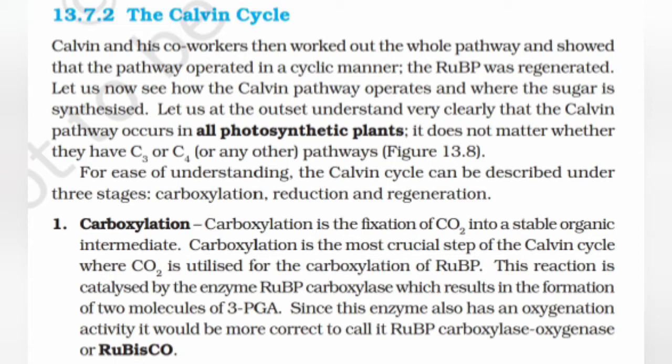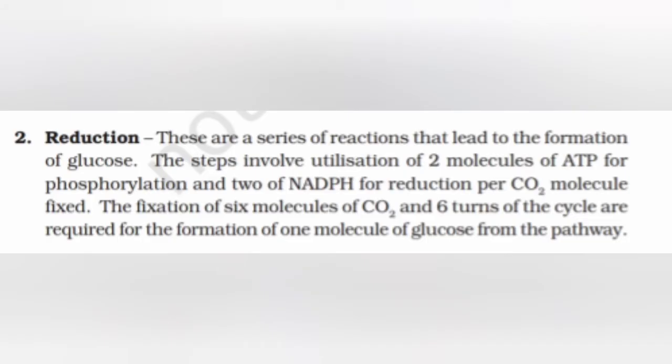Since this enzyme also has an oxygenation activity, it would be more correct to call it RuBP carboxylase oxygenase, or in short form it is known as Rubisco. It is one of the most abundant enzymes in the biological world.